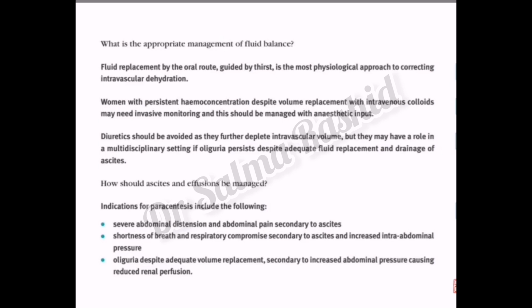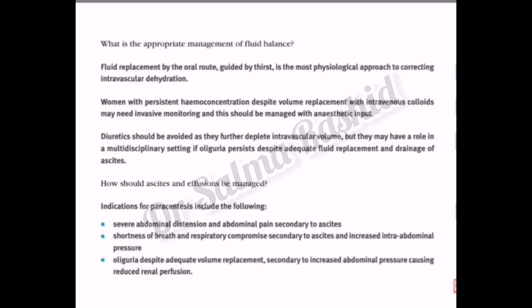Diuretics should be avoided as they further deplete intravascular volume, but they may have a role in a multidisciplinary setting if oliguria persists despite adequate fluid replacement and drainage of ascites.